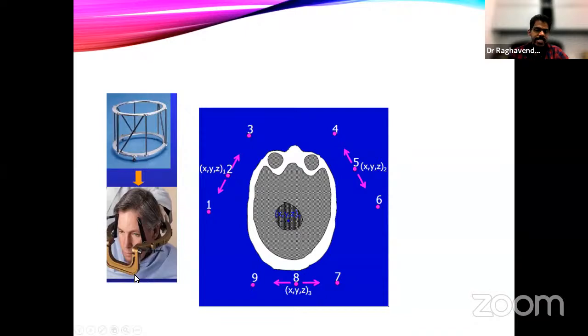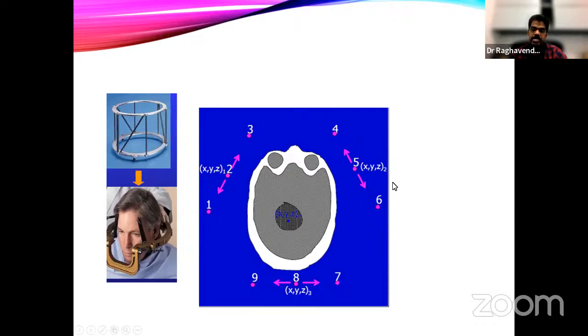And if you take a CT scan of that patient with this frame, this is how the dots appear. Here, if you take the positions, the position of 3 and 4 is fixed. Position of 1 and 3 is fixed. Position of 4 and 6 are fixed.